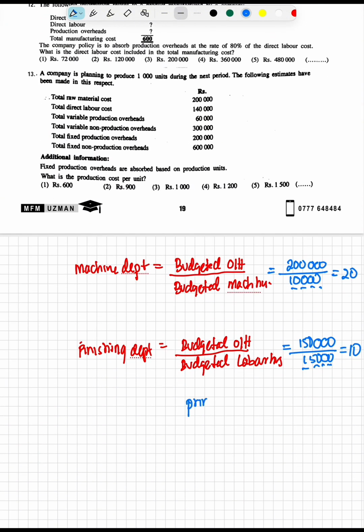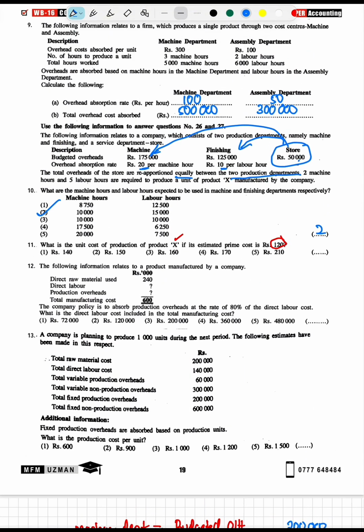So you know you have to add the prime cost plus production overhead absorbed per unit. Prime cost is given as 120, overhead absorption is given as 20 per machine hour, and they are using 2 machine hours. Finishing department is 10 per labor hour and 5 labor hours.